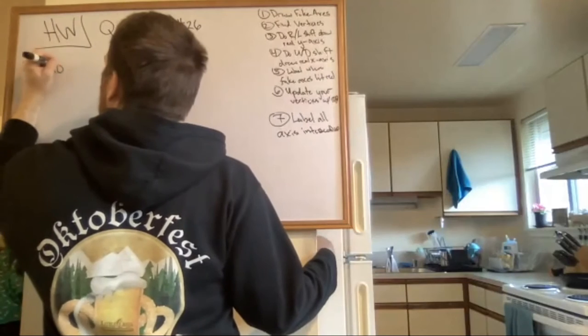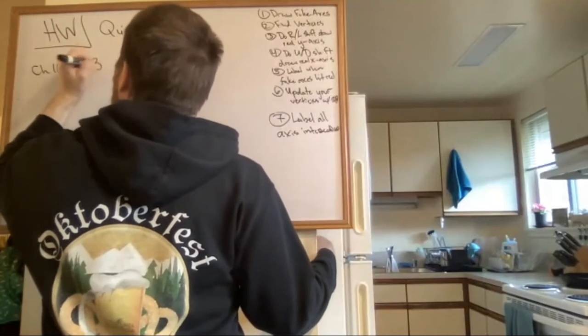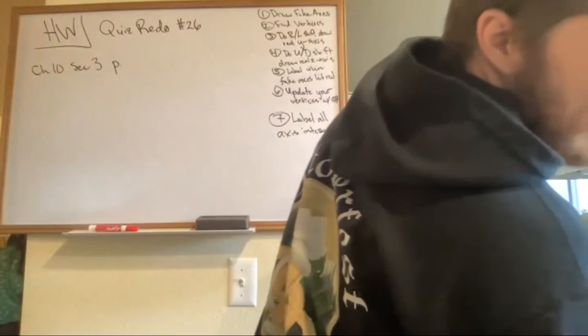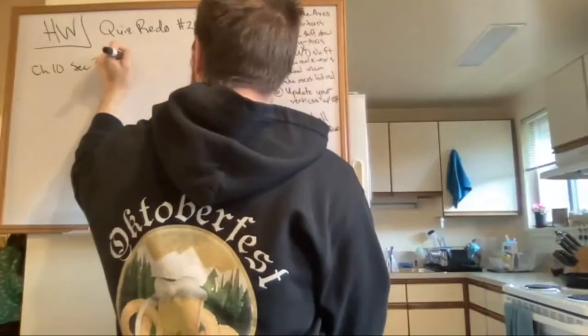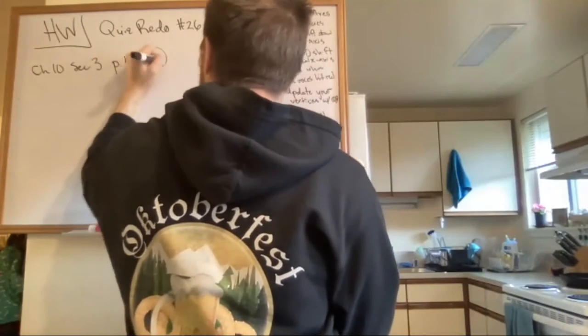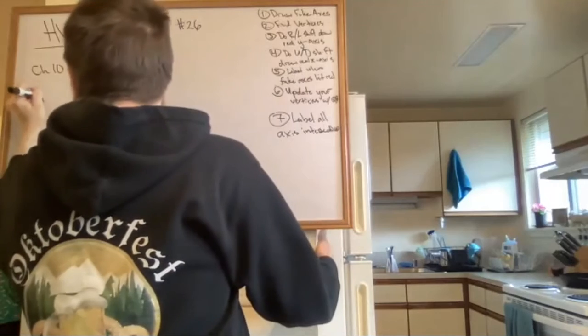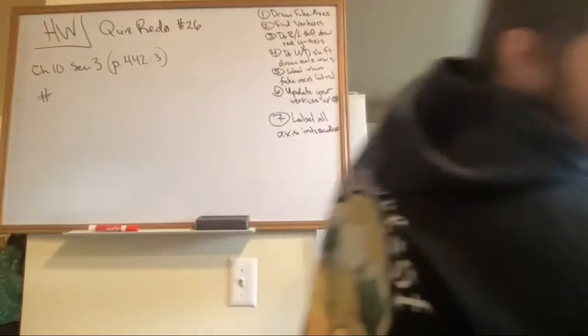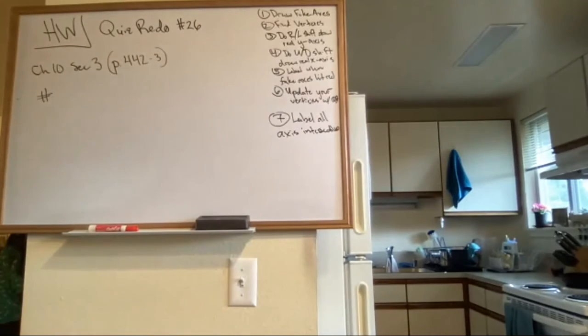Then we are doing chapter 10, section 3, page 442. Numbers, we're going to start with that, and we're going to go through 25.